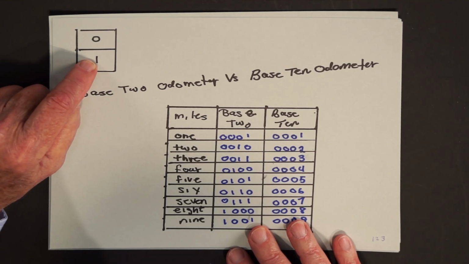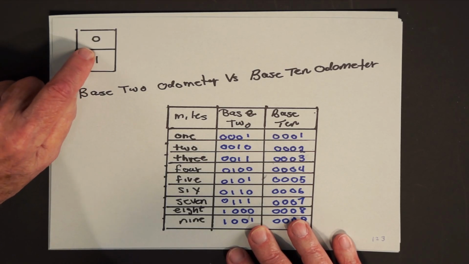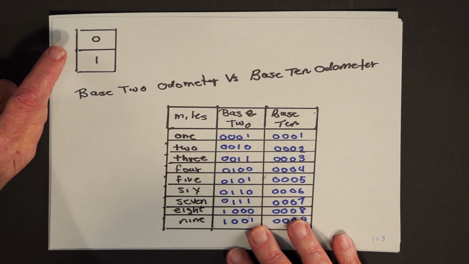Look, to do mileage, you have to have at least 2 symbols. You need a 0 as a placeholder, and you also need a 1 to generate each mile as you travel. The only difference is going to be that with a base 2 odometer, the only digits you see are a 0 and a 1. Every time the 0 comes up, it clicks the next gear by 1.